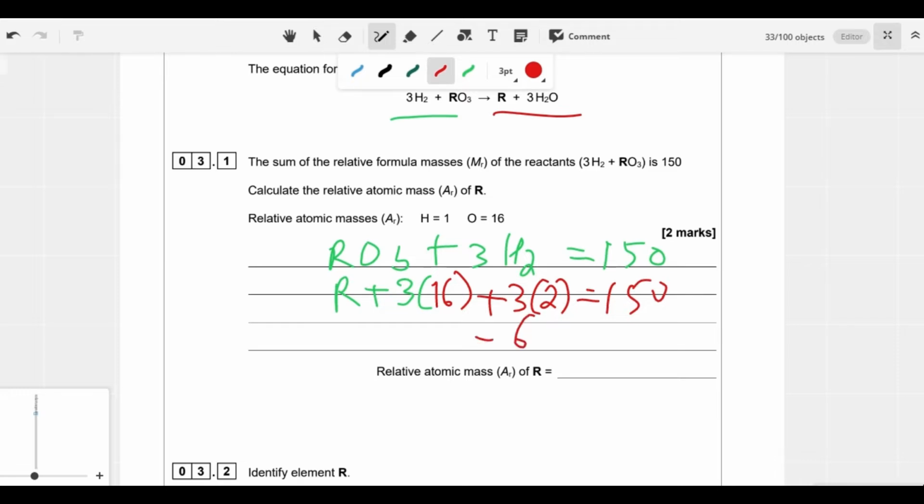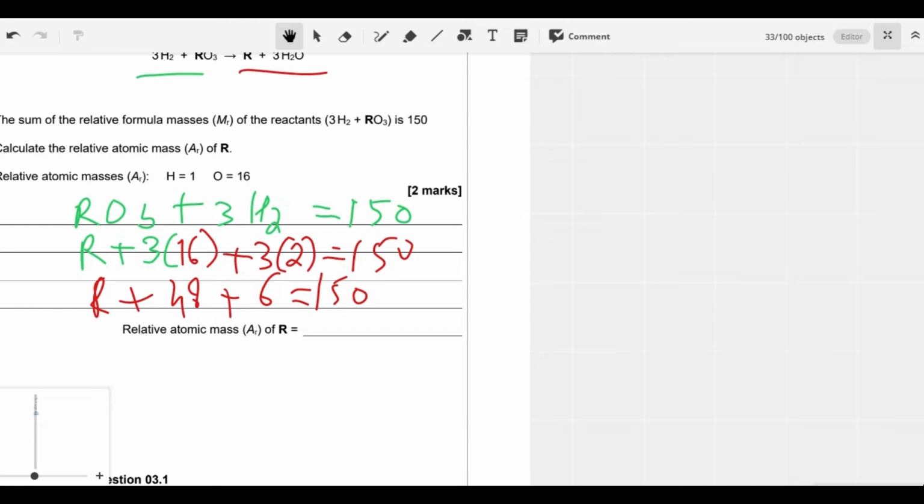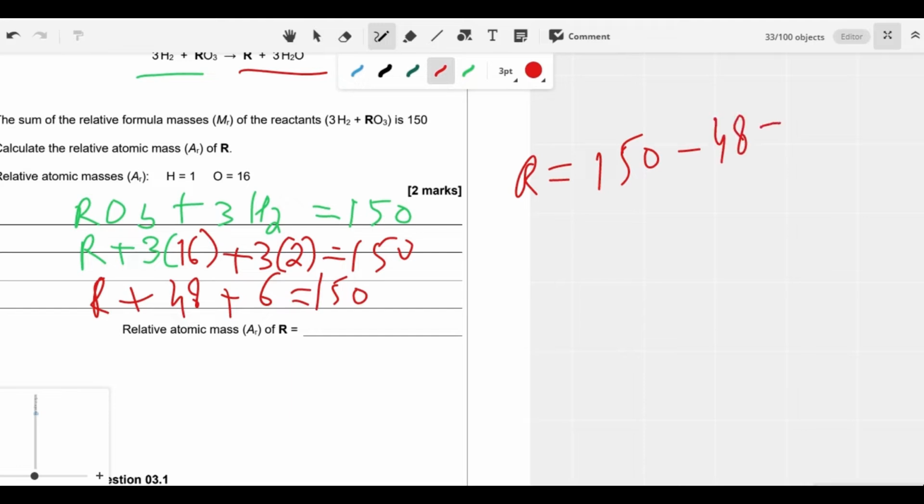Here 6 plus 48 plus R is equal to 150, and then you have to subtract 48 and 6 from 150, so R is equal to 150 minus 48 minus 6, that is R is equal to 96. Okay, so the answer is 96.